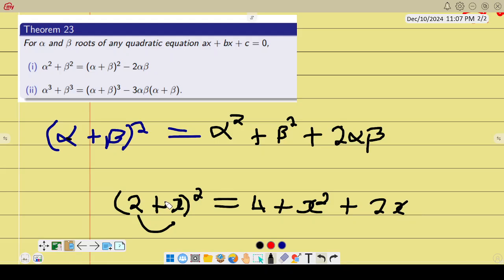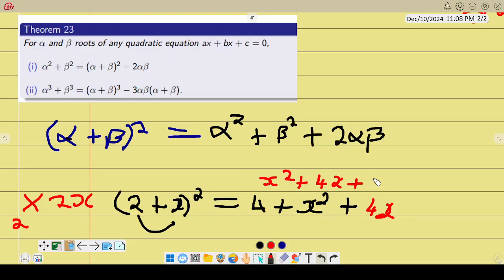And then since we have two terms, we multiply this by 2, meaning we're going to have 4x. So when you expand, you can try it, you're going to have this, and then you can just rearrange where you say the final answer is x squared plus 4x plus 4. You just rearrange.